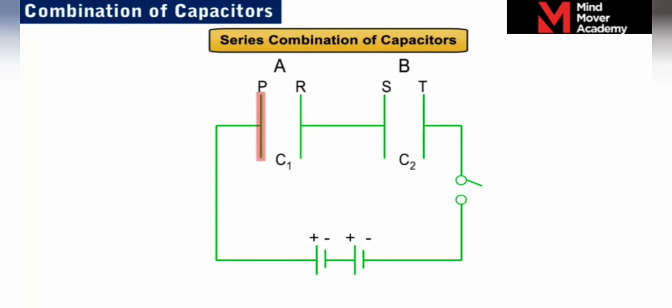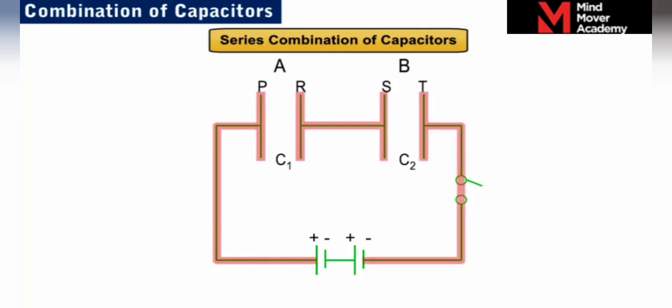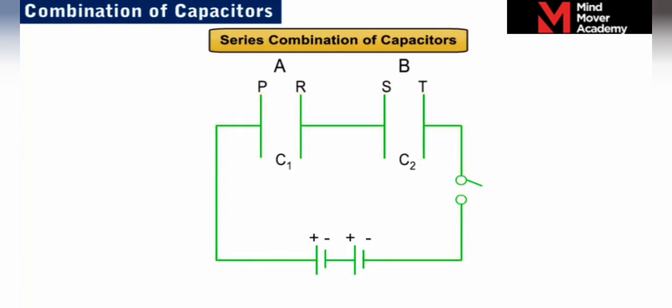The plate P of A is connected to the positive terminal of a battery, and the plate R of A is connected to the plate S of capacitor B. The plate T of B is connected to the negative terminal of the battery through a key K. This type of combination of capacitors is called a series combination of capacitors.